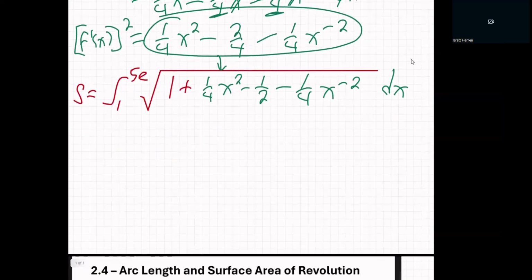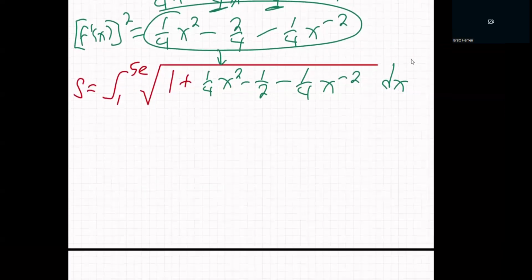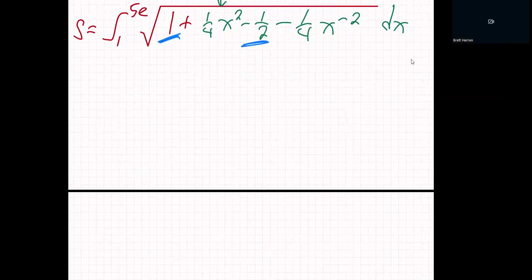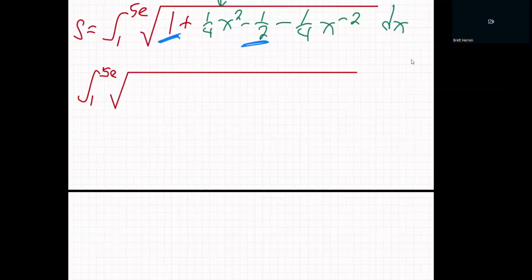Now, before I dive in and integrate that, there's a trick here. Here's the real trick of this problem. Well, first there's a step 1, take away a half. That's just a half, right? So this becomes the integral from 1 to 5e of the root. I'm going to keep the 1/4 x squared in the front.